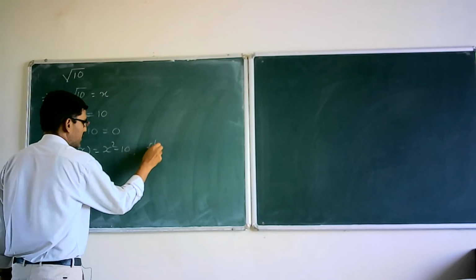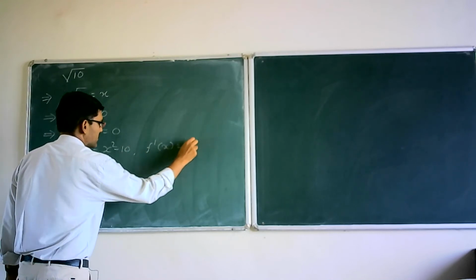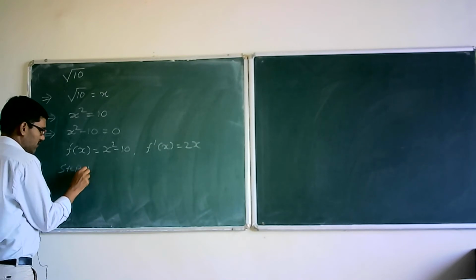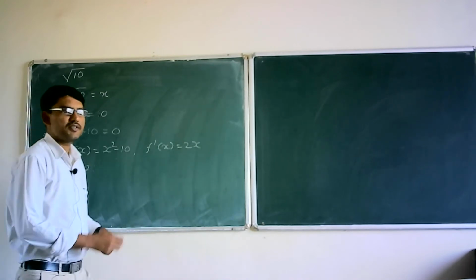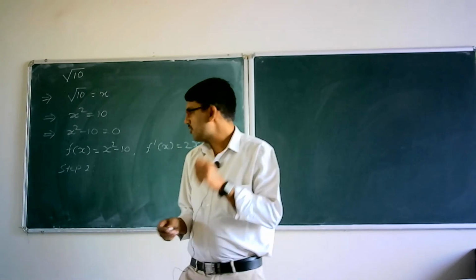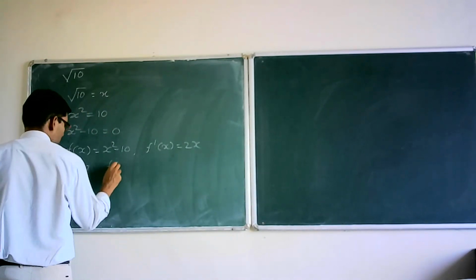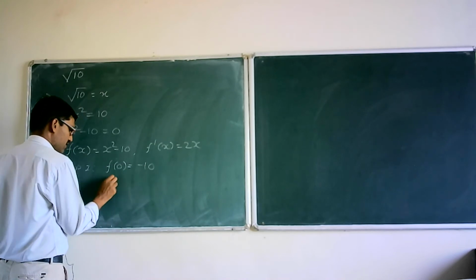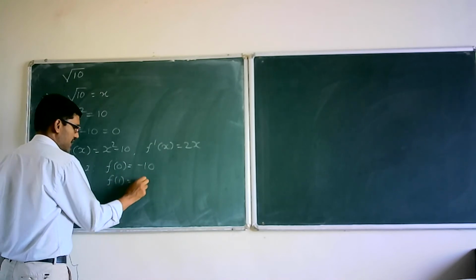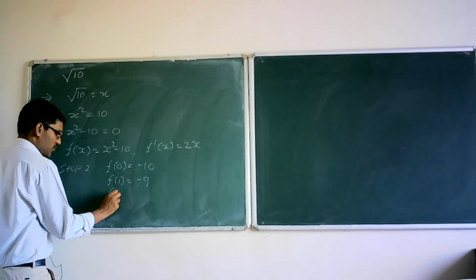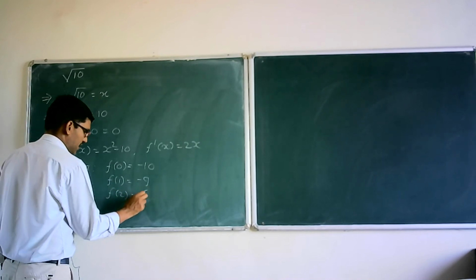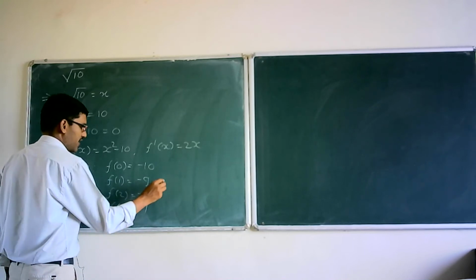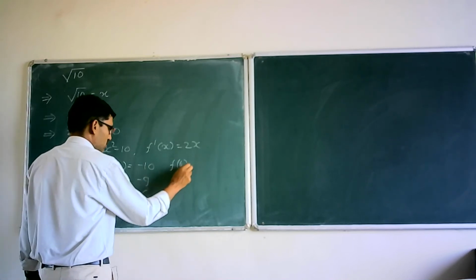Then what is f dash x? f dash x is equal to twice x. In step first, we want to determine an interval containing the root. For that, start from 0. If you find f of 0, you will get minus 10, f of 1 is minus 9, f of 2 is minus 6, f of 3 is minus 1, and f of 4 is 6.